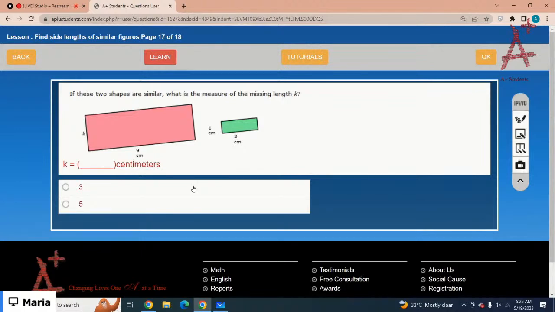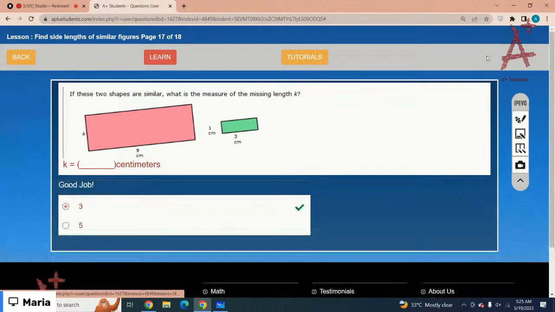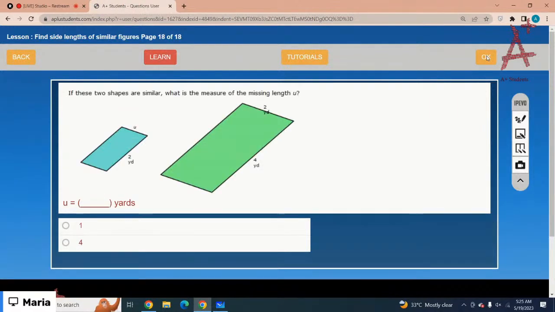The correct option is 3. If these two shapes are similar, what is the measure of missing length u? It would be 1 yard. Got it?